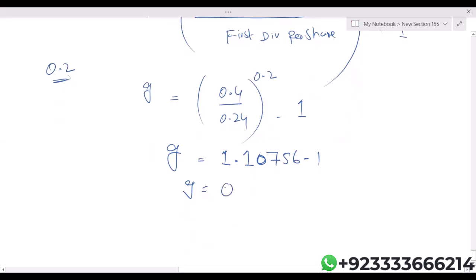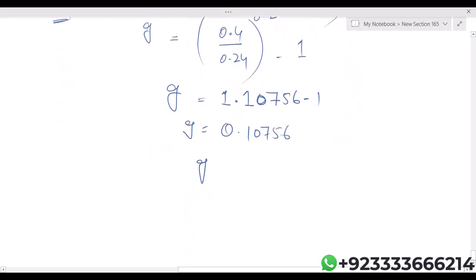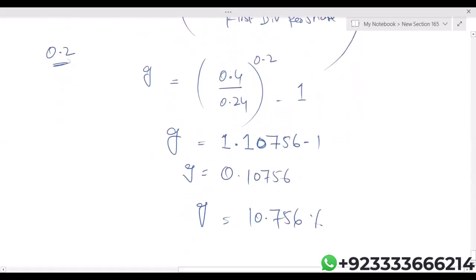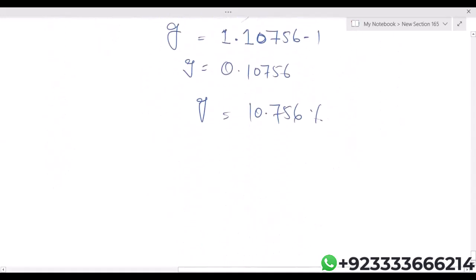So we'll get 0.10756, multiply by 100. This will give us 10.756%. So the annual dividend growth rate is 10.756%.